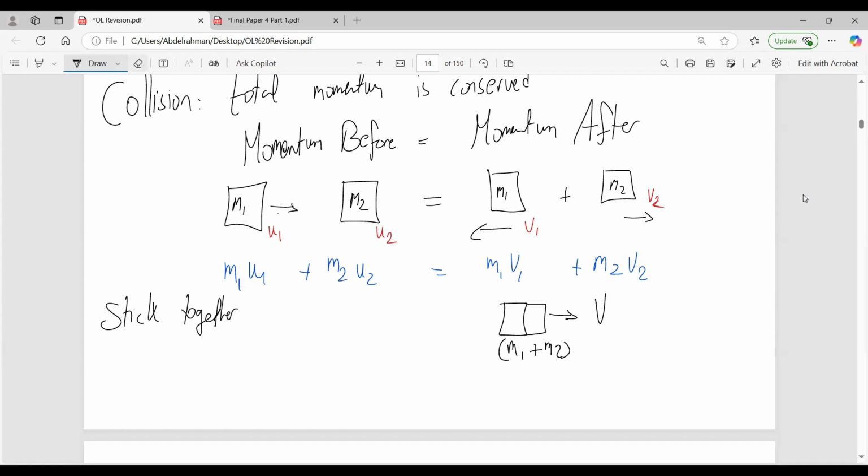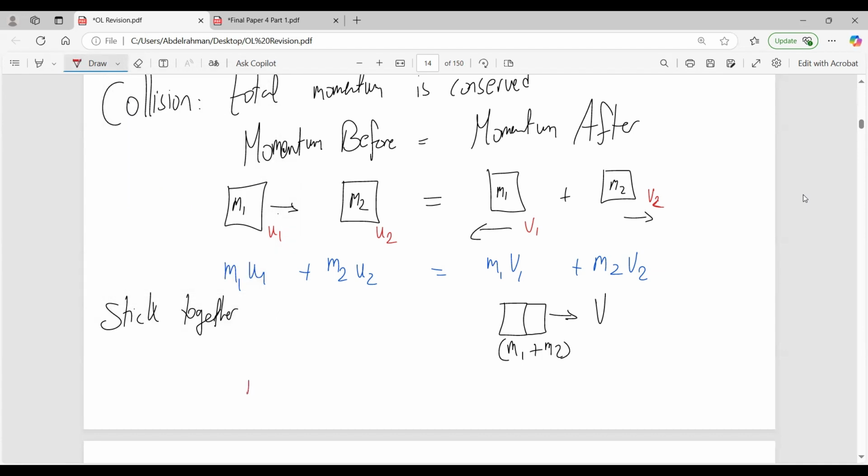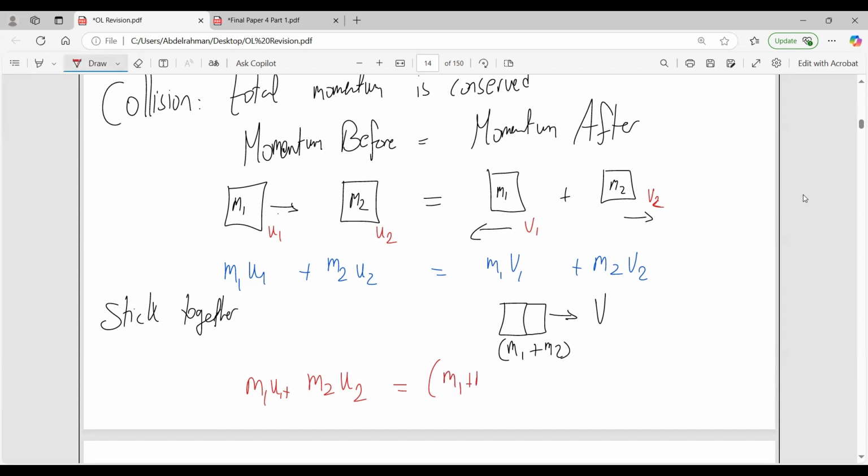So I can rewrite the equation: m1 u1 plus m2 u2 is equal to (m1 plus m2) times v.